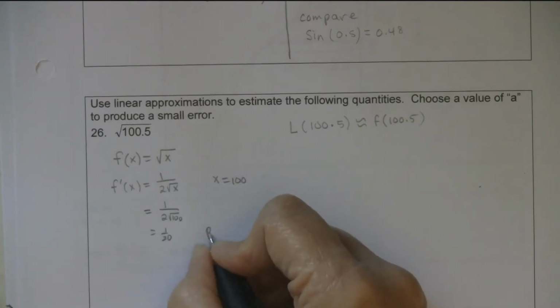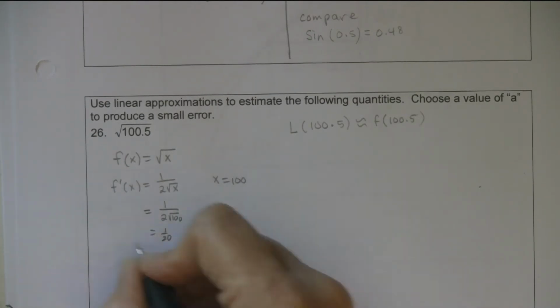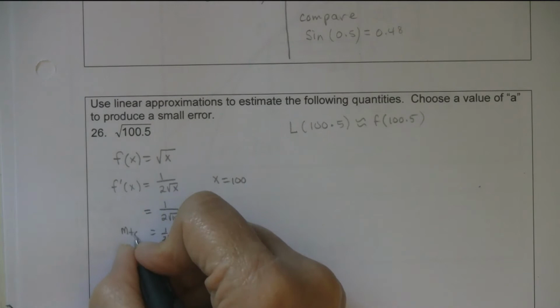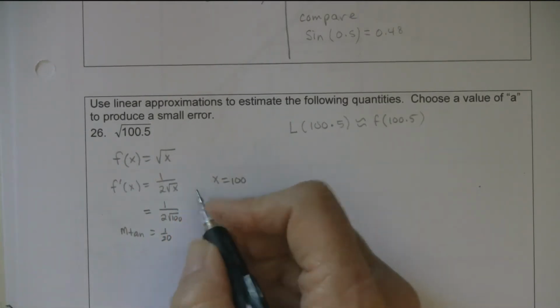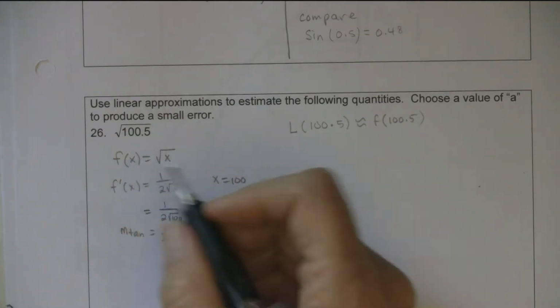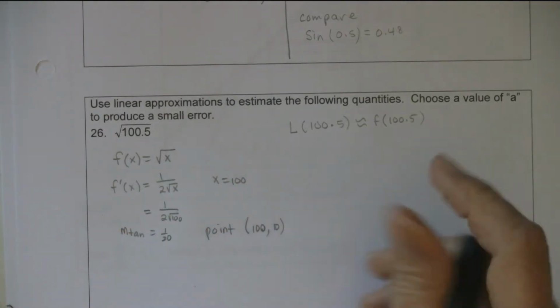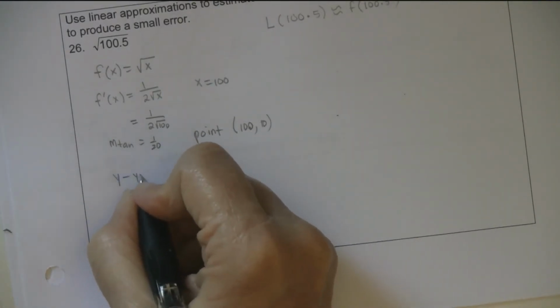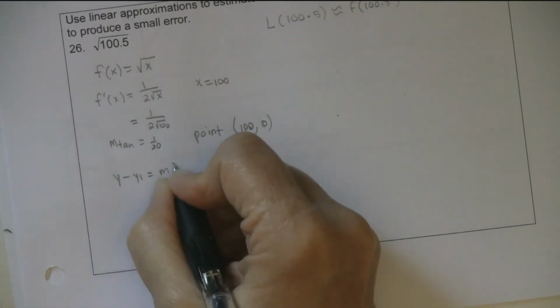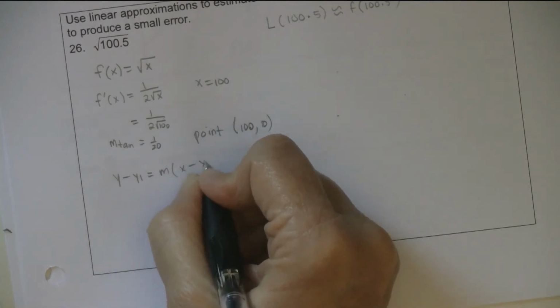And remember you have to know the slope of the tangent line, so it's 1 over 20. And my point is 100, and then you would put that in here to find your y value, which is 10. So we would get y minus y1 equals m times x minus x1.